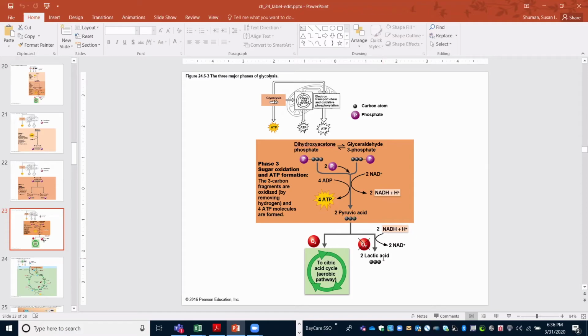So the burn is because of lactic acid buildup. And lactic acid is pyruvic acid that said, well, there's no oxygen. So once you've repaid your oxygen debt, in other words, you stop moving, you start breathing, and you get your oxygen back, then the lactic acid goes straight back to pyruvic acid.